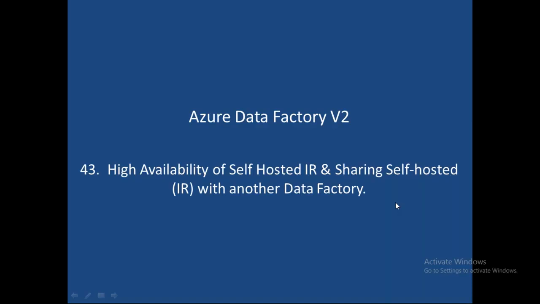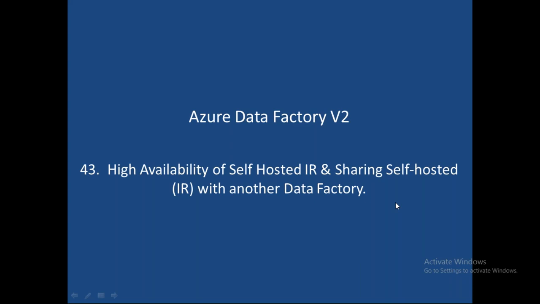Now you have self-hosted IR in US Data Factory. Now, if I want to connect to the same machine from UK Data Factory, what are you going to do? Will you again install another self-hosted IR and register with the UK data factory key? No, we are not going to do that. Instead of that, there is an option called share.